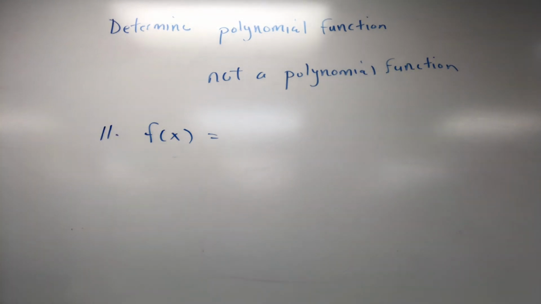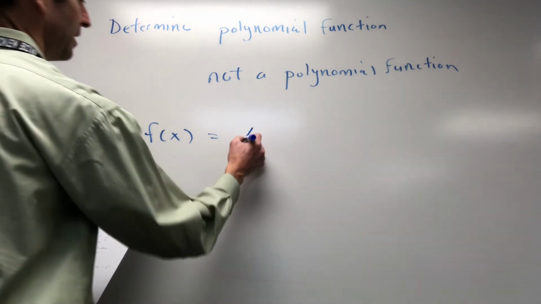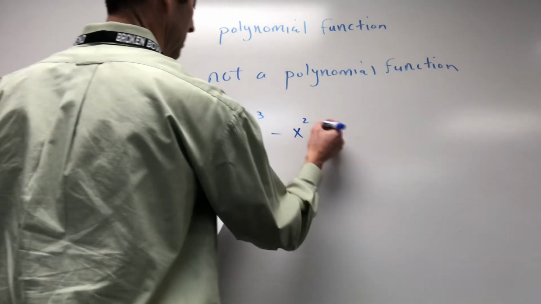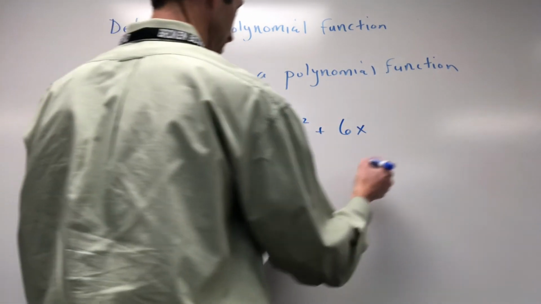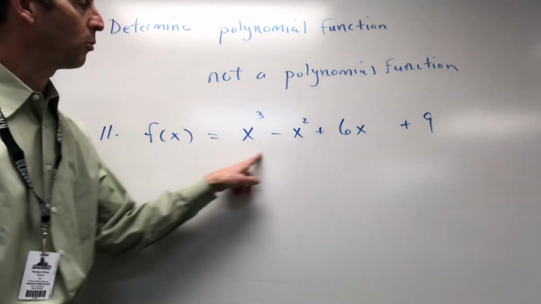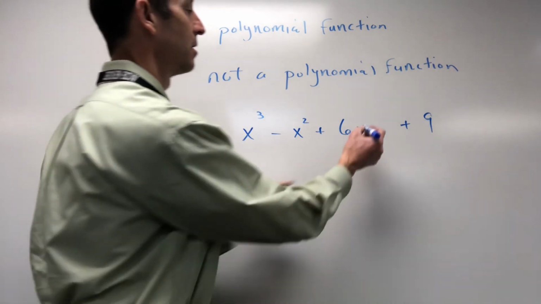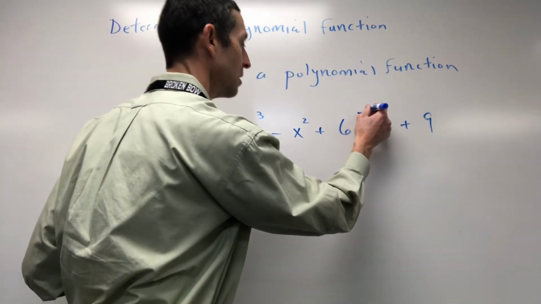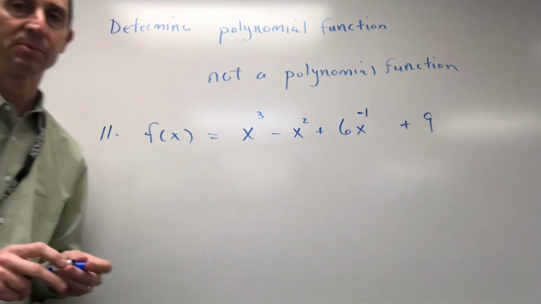All right, here we go. So let's say you had x cubed minus x squared plus 6x plus 9. Looks pretty normal, but what if I come in right here, instead of a first power, I do a negative exponent.